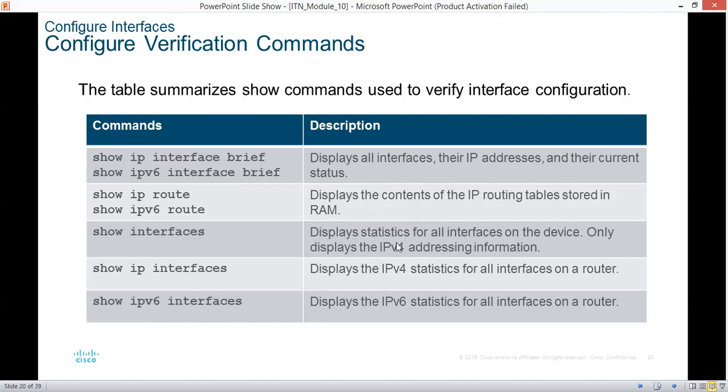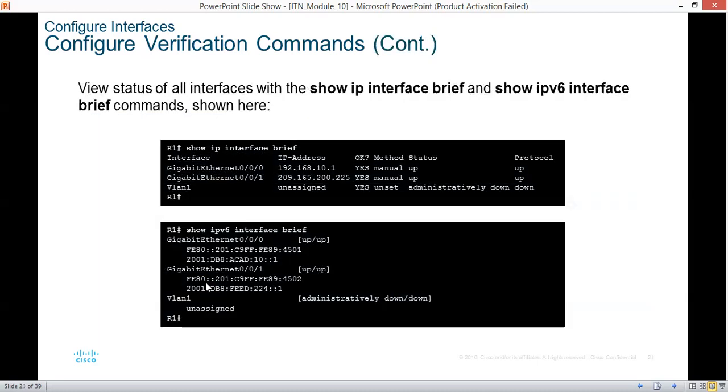And then display statistics for interfaces on the device. So it only displays the IPv4 address information. That's for show interfaces. And then displays the IPv4 statistics for all interfaces on the router, which is show IP interface. So I would advise that you use this command and then see how it works. Quite interesting.